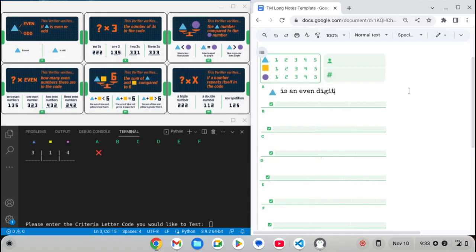And of course, since it is even, we can go ahead and cross out the odds: 1, 3, and 5. So let's see, what else? I always find it interesting when you have criteria card B, the number of 3s, versus criteria card D, the number of evens.